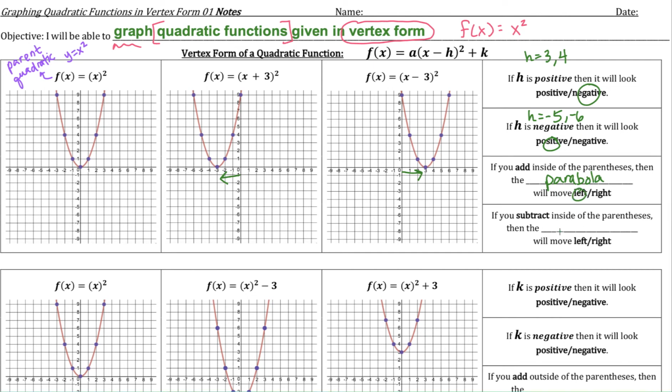If you subtract inside of the parentheses, the parabola will move right. Once again, it says plus 3, but we moved left. It says minus 3, but we moved right. That's because if this number is positive, it'll look negative. But if it's negative, it'll be a double negative, so it'll look positive.